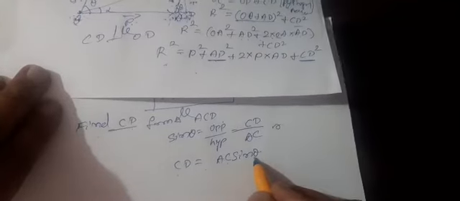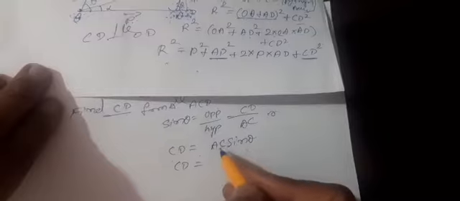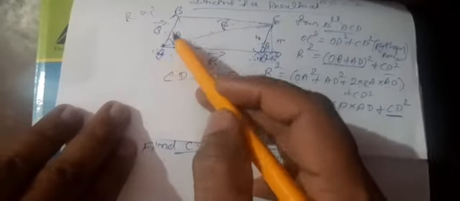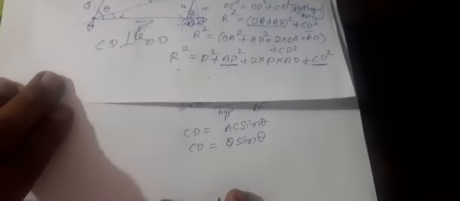AC is parallel to OB, which is the vector Q. So AC can be written as Q at angle sin theta. That is the value of CD.